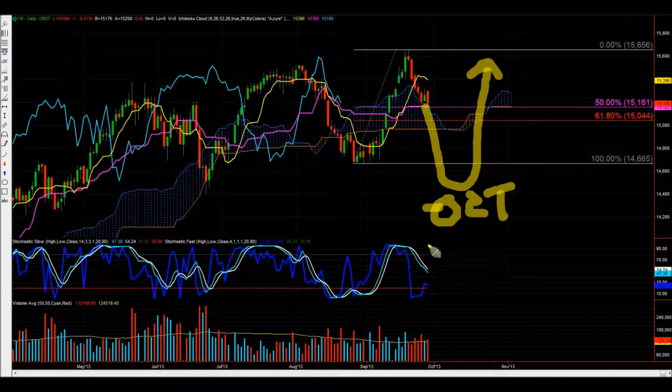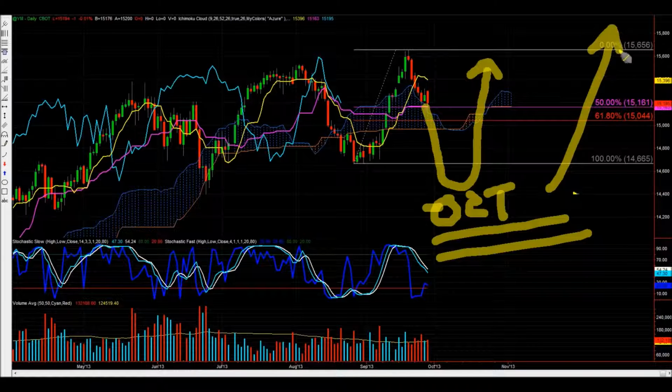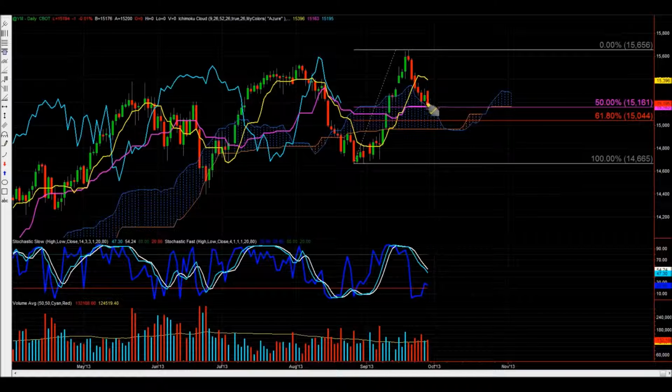If history repeats itself, we should be bottoming somewhere in October and then moving higher into next June, July, August, into potentially September. So if you look at that from a seasonal perspective, and we put all these things together, I'm really looking to see where we're going to bottom in this market and look to see if maybe we can look at some potential long entries.